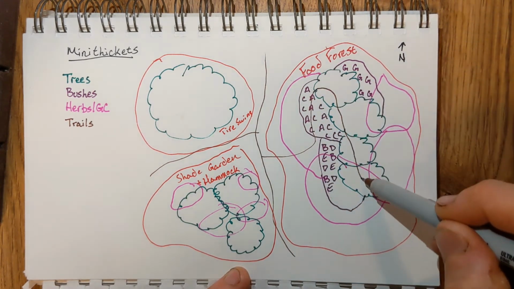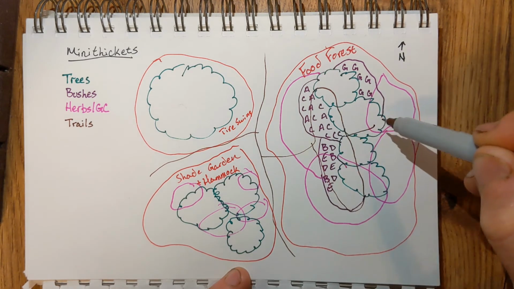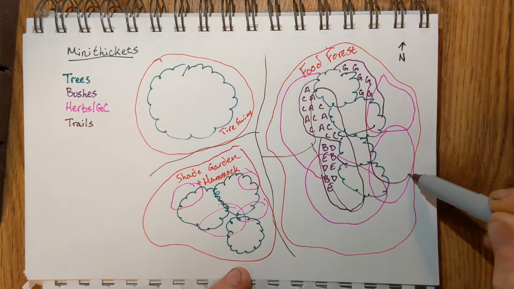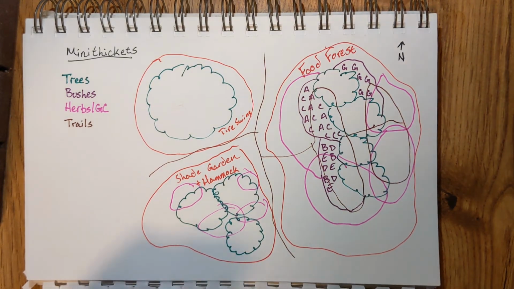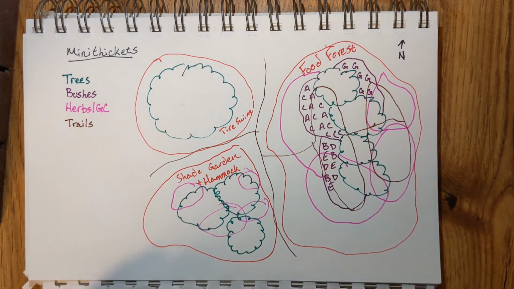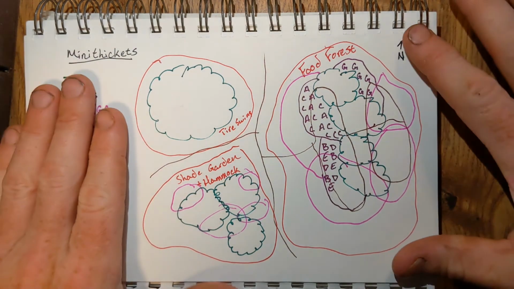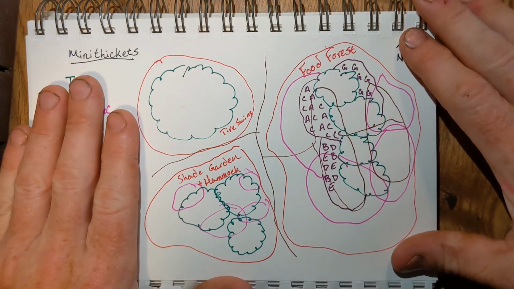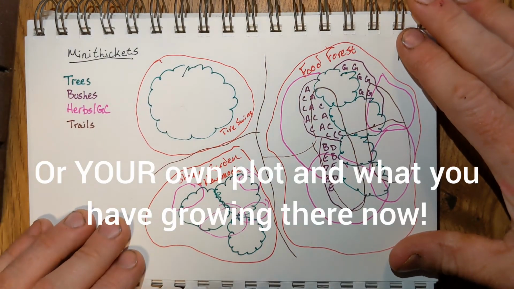And perhaps we have some walking trails. I know this is getting a little crazy, but we're getting to the real fun part of all of this, I think. So we have our layout. We can go from a topographical map or a satellite view of our own plot and what we have going on our site.